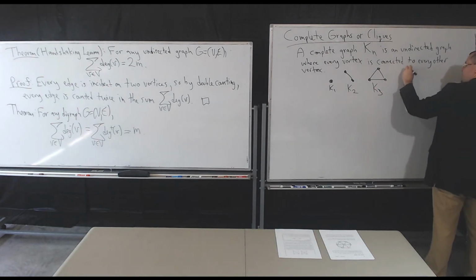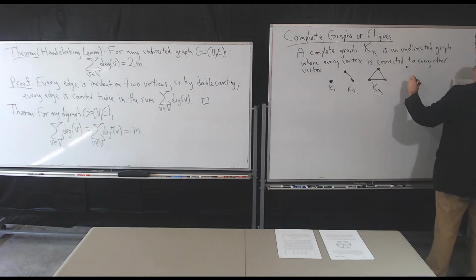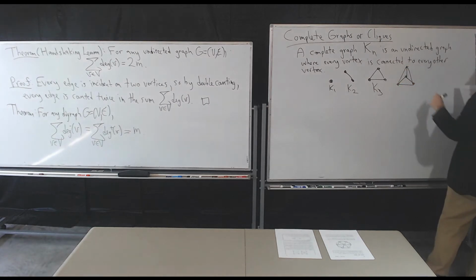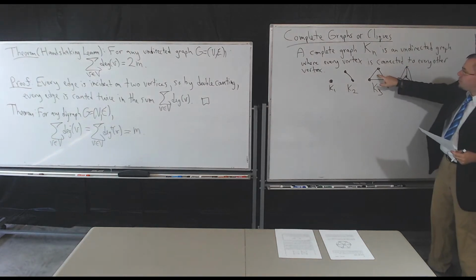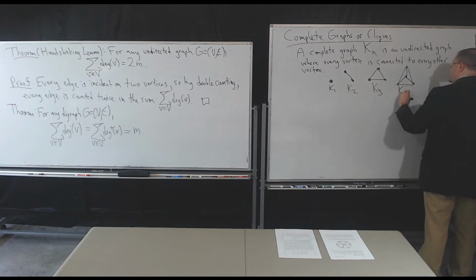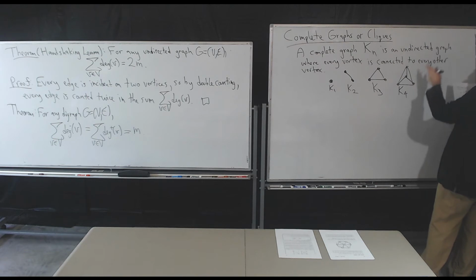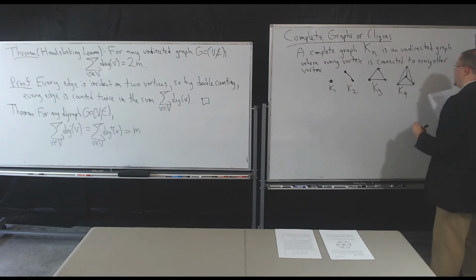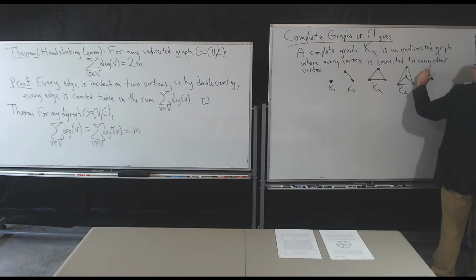Okay, now, sometimes people call this a triangle, or the triangle graph. So if I simply take K3 and I put another vertex here and I connect it to all of them, I get K4. So this is the complete graph on 4 vertices. So it's often how it's said.